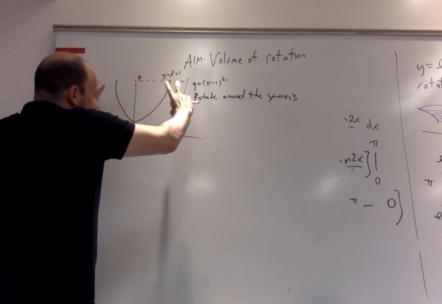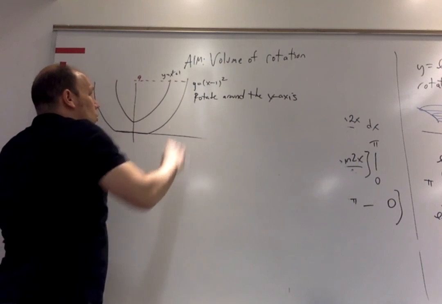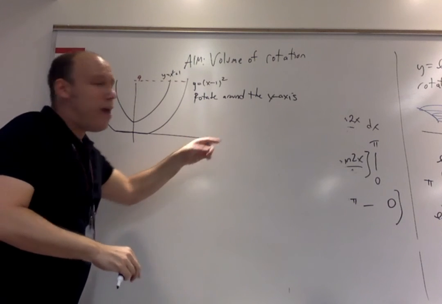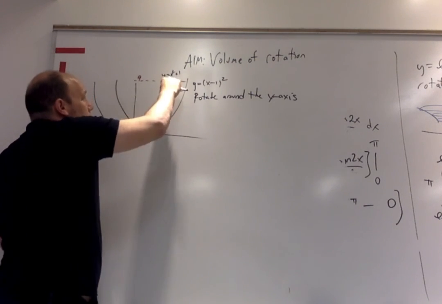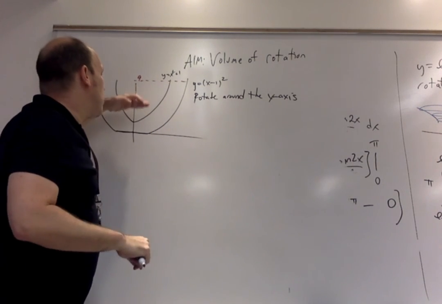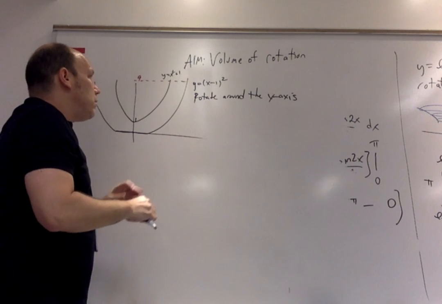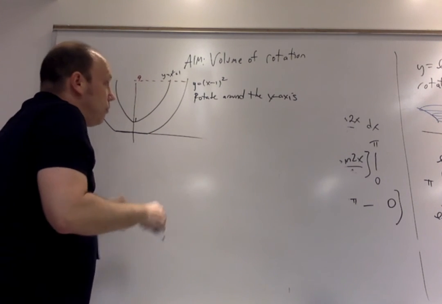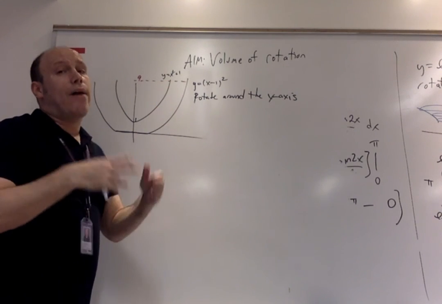The outer one, y equals x minus 1 squared, starts at 0 and goes up to 9. But the inside, this little parabola that we're going to carve out, starts at 1 and goes up to 9.